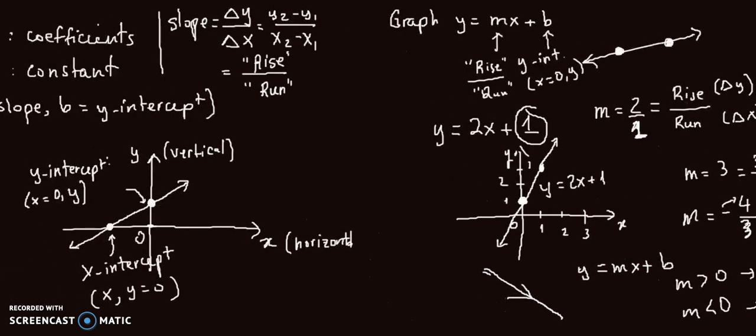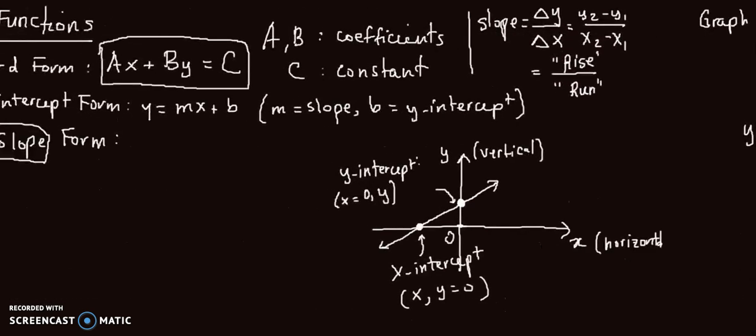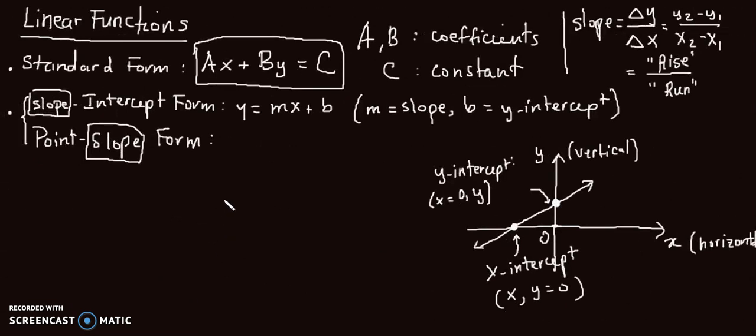All right, so let's go to the second type of linear function, which is the point-slope form. For the slope-intercept form, you're given a slope and a y-intercept.